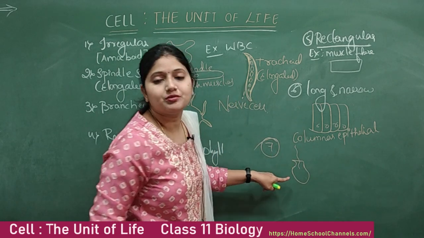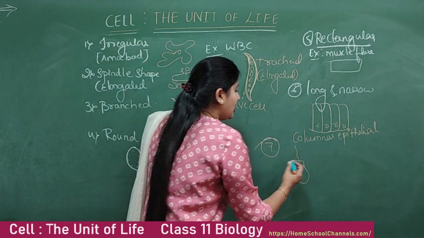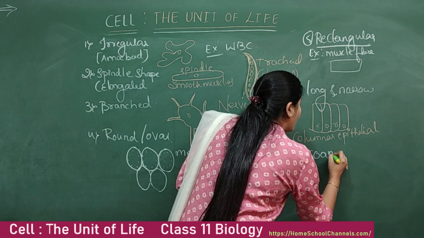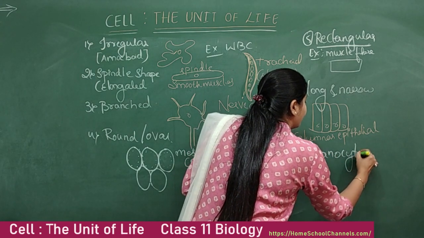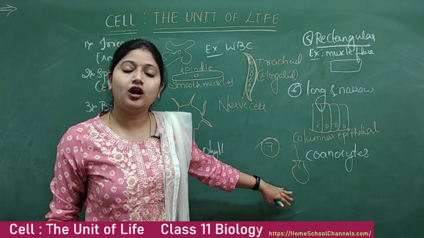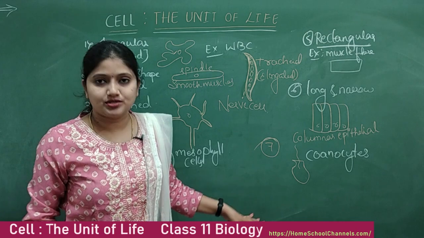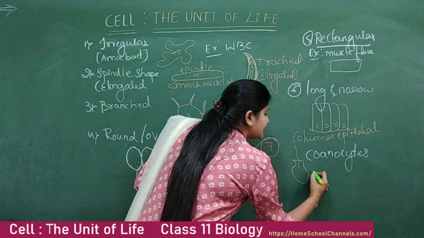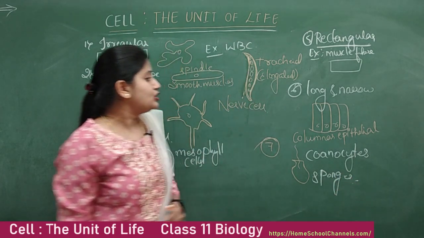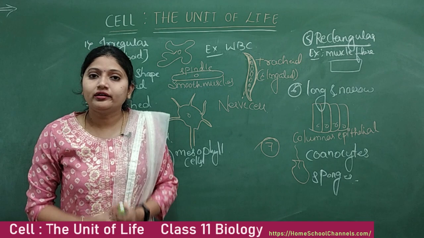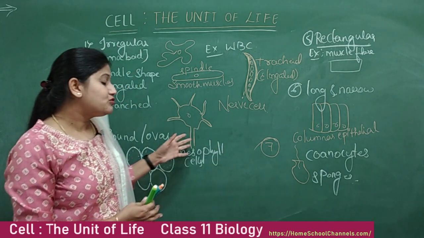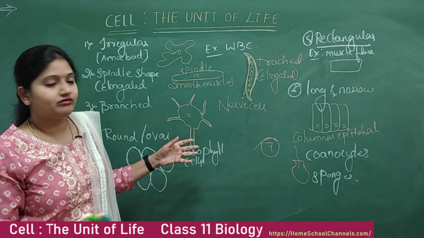Okay, so this is a typical shape of a sponge, and this shape is called a choanocyte. I mean, anything which is seen in this particular shape is usually called a choanocyte shape, and that is seen in the case of sponges. Okay, so these are a few important shapes or forms of the cell here.